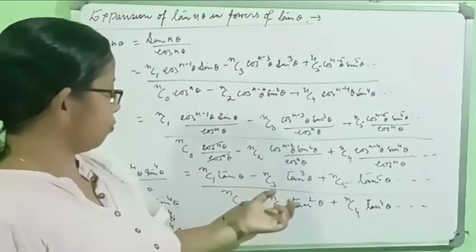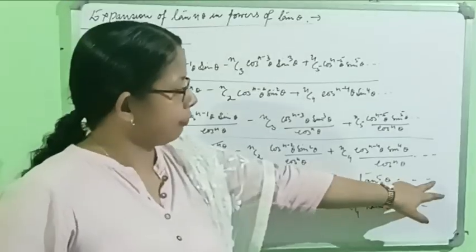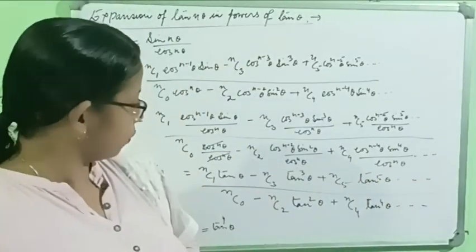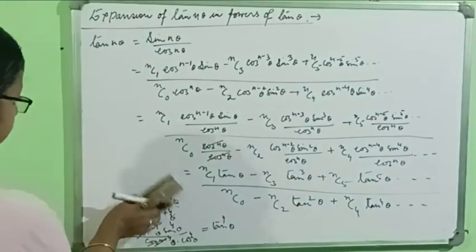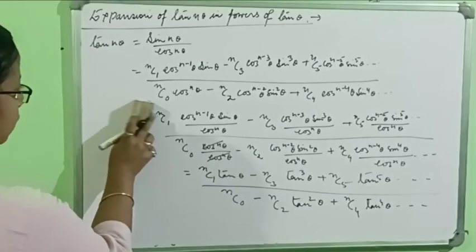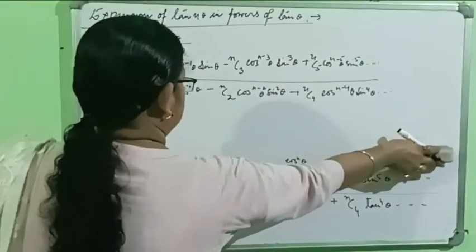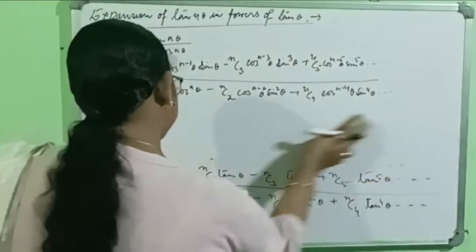So this is true when n is both odd and even. The only difference comes in the last term. Next, we are going to find out what will be the last term when n is odd and what will be the last term when n is even. We will write the last step as it is required in the subsequent stage.